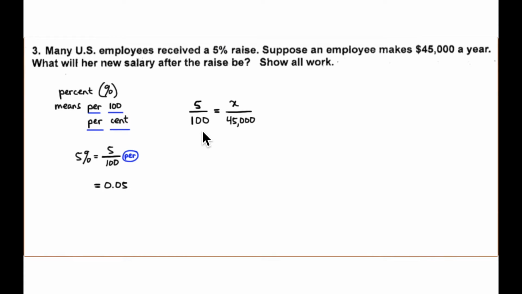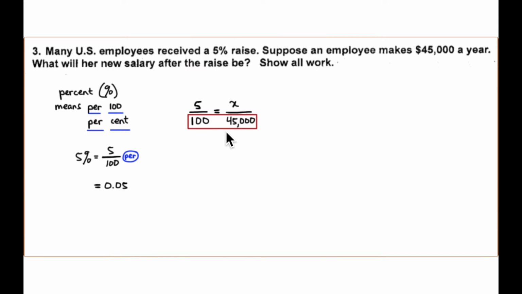So using the fraction 5 hundredths, and actually if you begin with the proportion, as much as you can do, you will be better off mathematically. So 5 hundredths is equal to how much out of 45,000? So here's that ratio once again from the proportions. You're going from 100 to 45,000. That's 450 times.